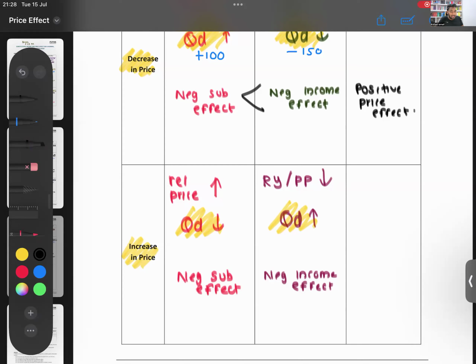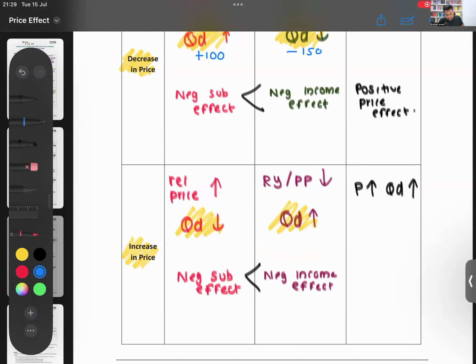In a given good, Lamai, the negative income effect is more powerful than the negative substitution effect. So as a result, what do you think happens when the price increases? What will happen to QD? This one is more powerful. When price increases, QD will also increase.